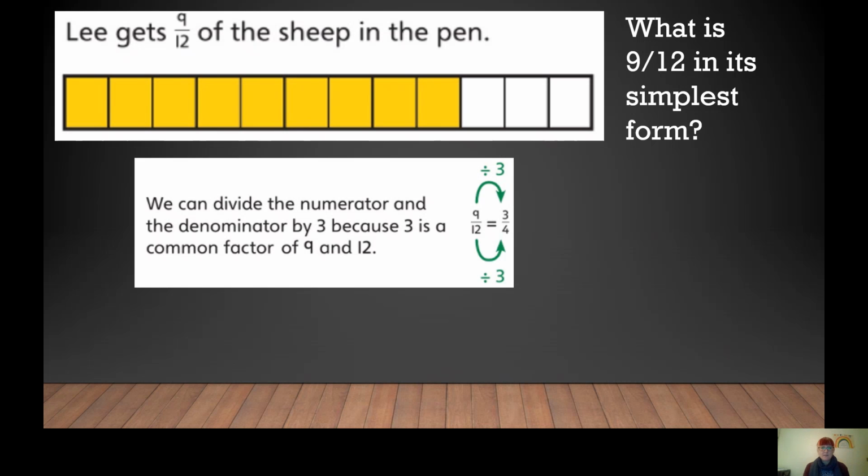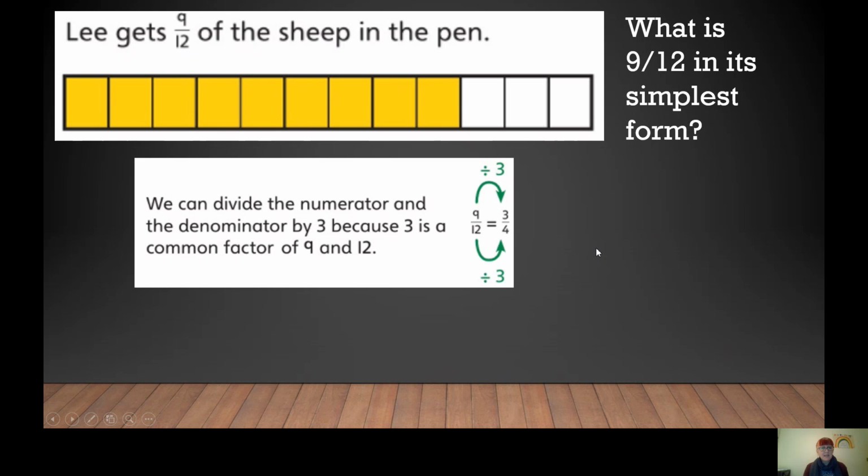So we can divide the numerator and the denominator both by 3, because 3 is a common factor of 9 and 12. So 9 divided by the common factor of 3 gives me a new numerator in its simplest form of 3. 12 divided by a common factor of 3 gives me a new denominator of 4.